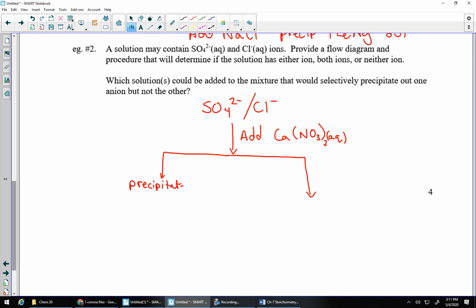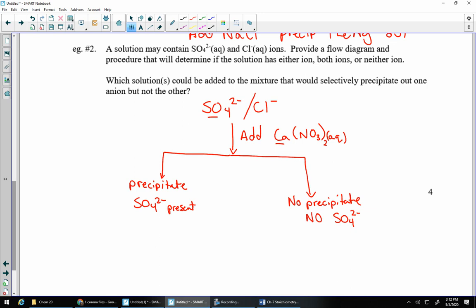So if we get a precipitate, what that means is the calcium is going to react with the sulfate, and we will have SO4, 2 negative, present. Right? If there's no precipitate, that means that there was no SO4 or sulfate ion present.